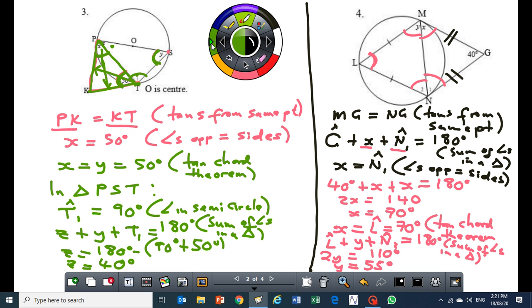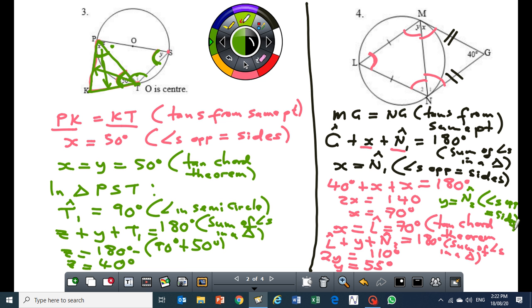Angle y is equal to angle N2 because they are angles opposite equal sides. You have to write that down. Okay? So you can see that because it's easier that Lm is equal to Ln. Therefore, y and n2 are equal. And they are angles opposite equal sides.